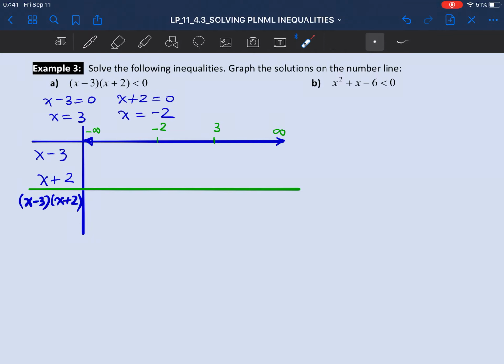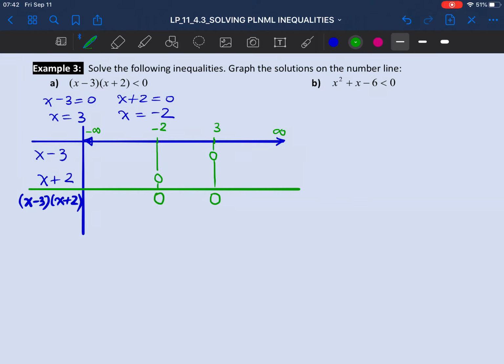Okay? And we're going to say that x minus 3 will be 0 at x equals 3. That will make the whole product 0 because 0 times anything equals 0. X plus 2, on the other hand, will be 0 at -2.